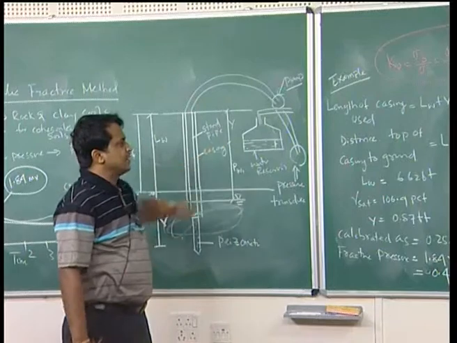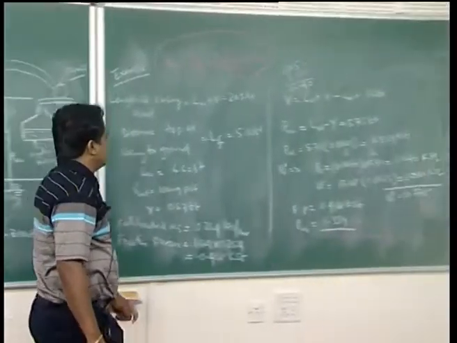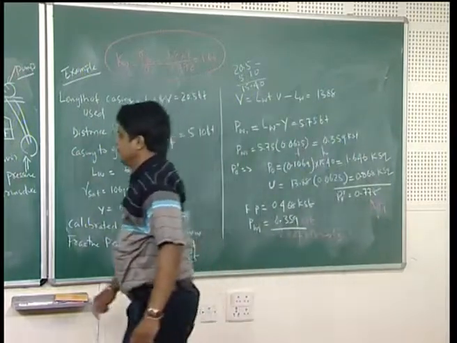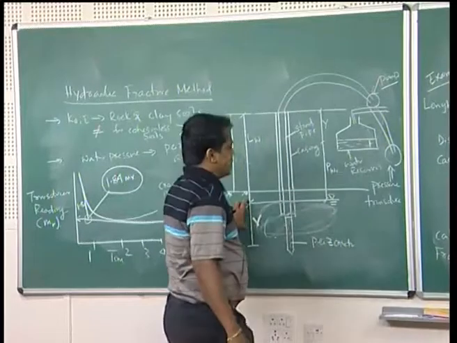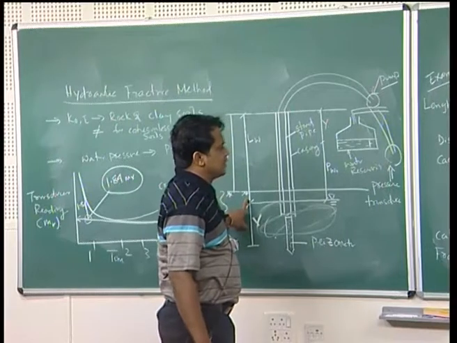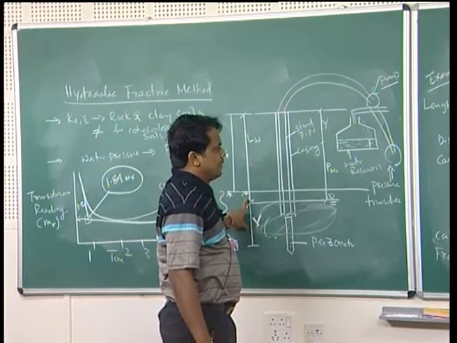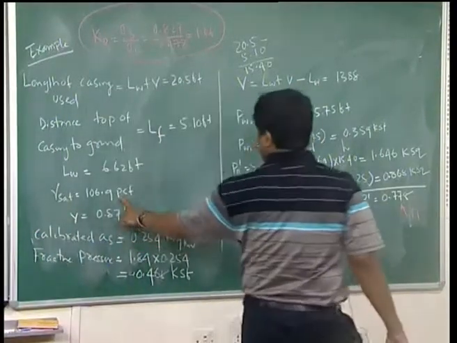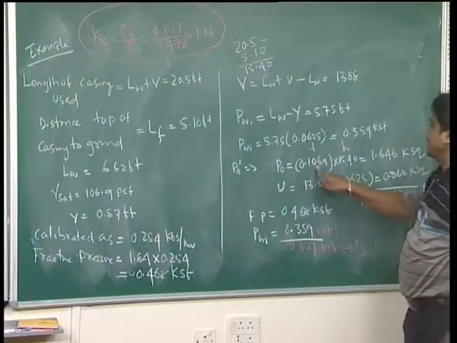From there the water pressure you can find, and P0 you can calculate as gamma H. Gamma is saturated unit weight, it is given as 106 pounds per cubic feet. It has been converted to kips per cubic feet, which is 0.1069.